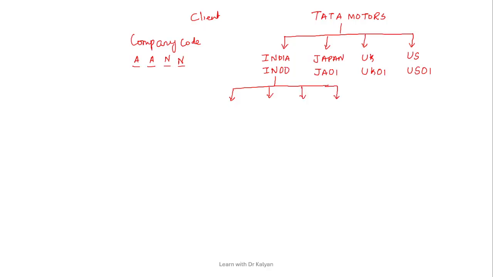Under India, there are 4 different plants. Let us assume the first plant is in Mumbai, the second plant is in Delhi, the third plant is in Chennai, and the fourth plant is in Karnataka.